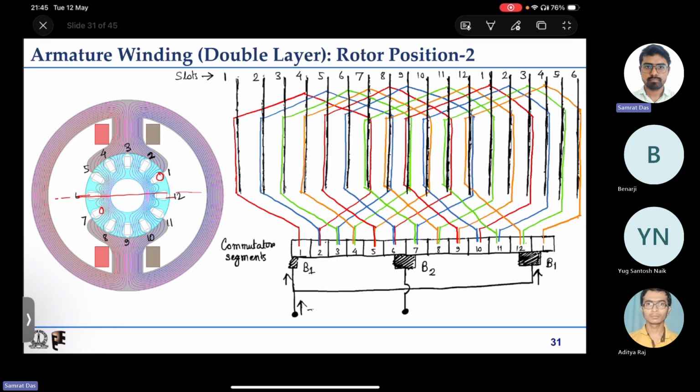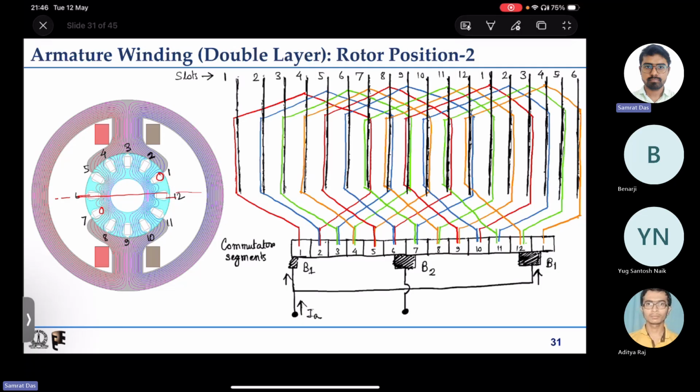So this is the inward current IA. So half of that flows through this one coil, coil 1, and another half is flowing through the other coil. So how will it flow? So we can say that the 12th coil and the 6th coil, they will not be having any current.